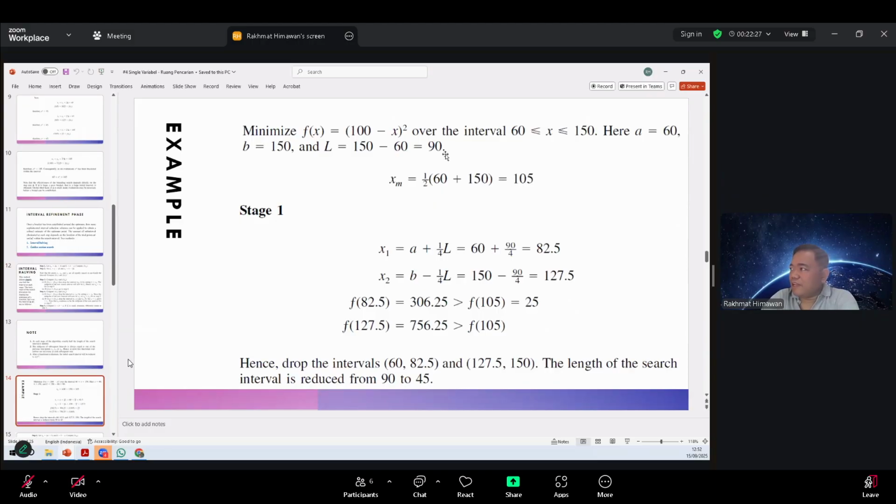This is between 60 and 150, exactly in the middle. Now let's go to the interval halving search. We know xm. What is x1?